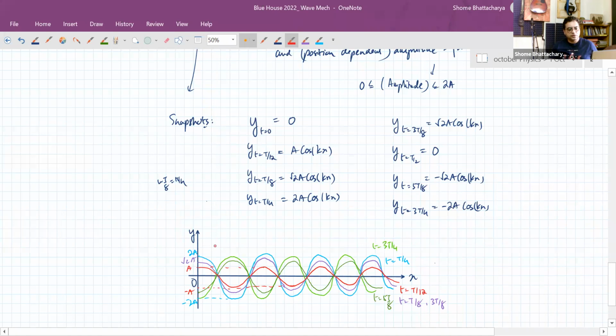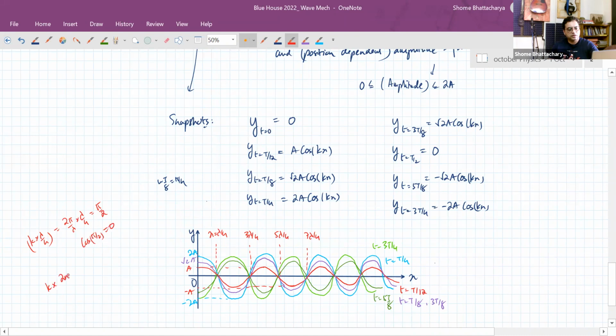So you can see that these points, these ones, they are located at x equal to lambda by 4, 3 lambda by 4, 5 lambda by 4, 7 lambda by 4, and so on and so forth, because k into lambda by 4 is pi by 2, and cos pi by 2 is 0.